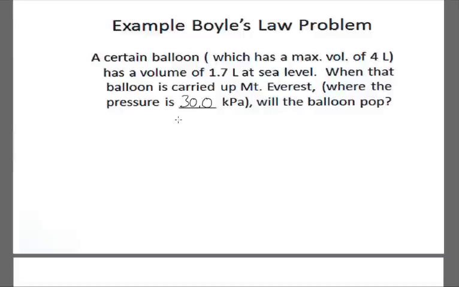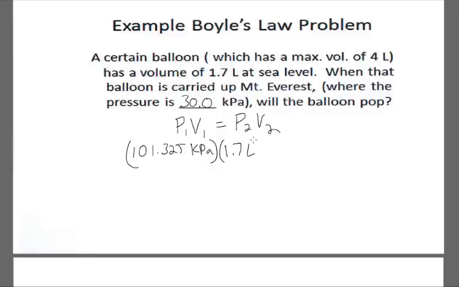So let's do the problem with the Boyle's Law relationship. P1 V1 equals P2 V2. The first situation is down at sea level, where the pressure, if we want to use the same units, kilopascals, is about 101.325 kilopascals. The volume at sea level is 1.7 liters, and then P2 we know is 30 kilopascals, and we don't know V2.